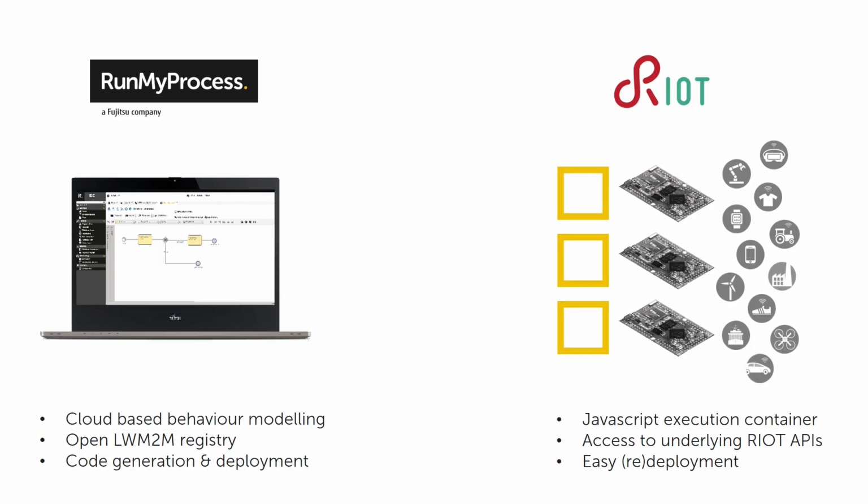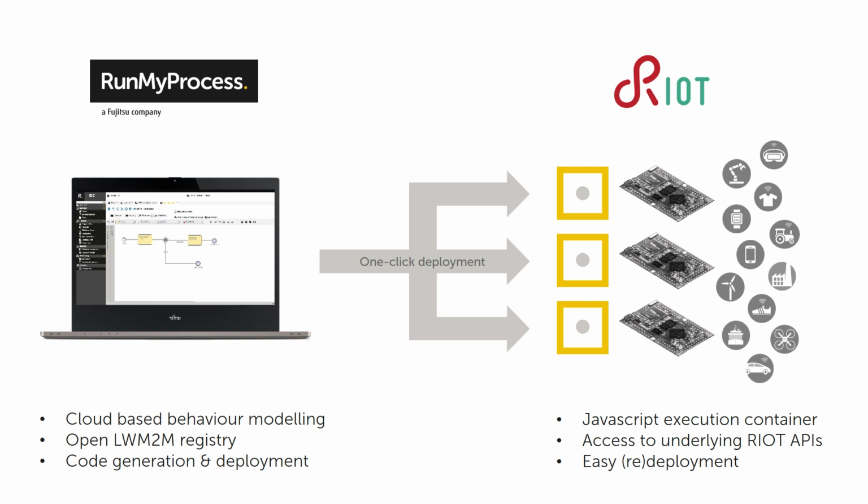And for that we used our cloud platform Run My Process to create a modeling language which allows non-expert developers to basically model the functionality they want, the business process that they want to execute in the IoT, and then deploy it to all of the devices that are required to make that work.